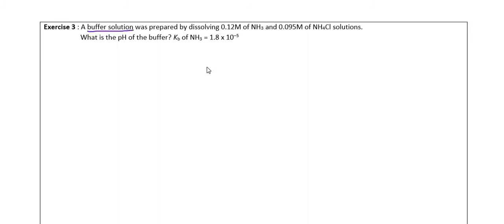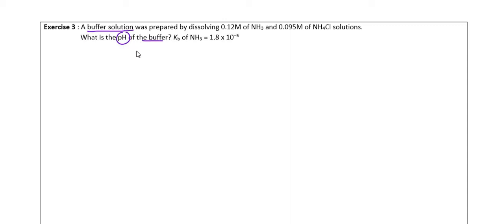If the question did not state it, you have to check first whether this is a buffer or not, because to calculate the pH of a buffer you must use the Henderson-Hasselbalch equation.